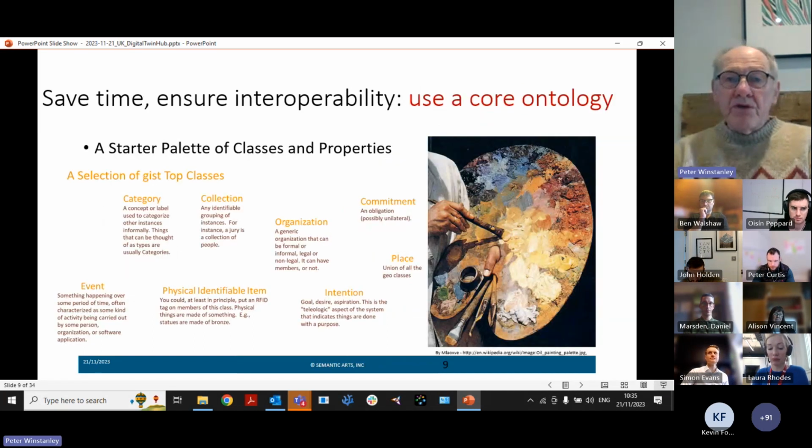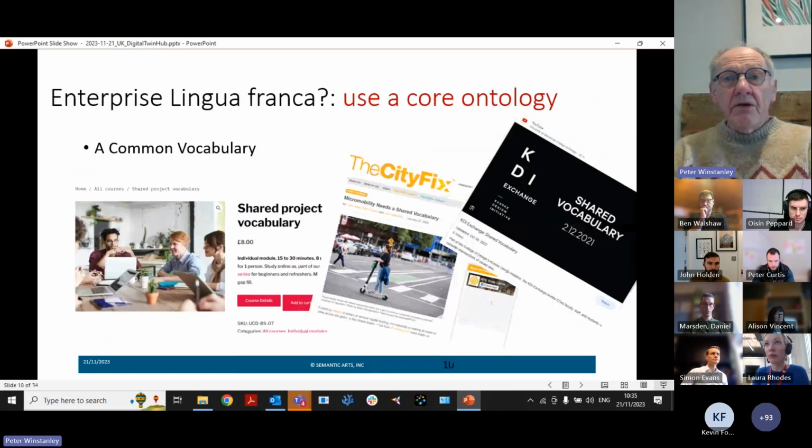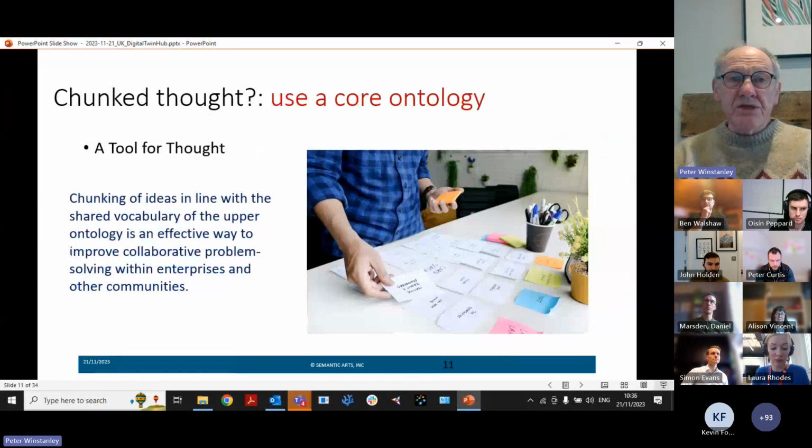Now, why would you want to use a core ontology? Use it to save time, to ensure interoperability when you're doing anything about ontology work. You have your starter palette, you're creating classes and properties from this initial set of colors. You can also make sure that it's used as a lingua franca in your organization.